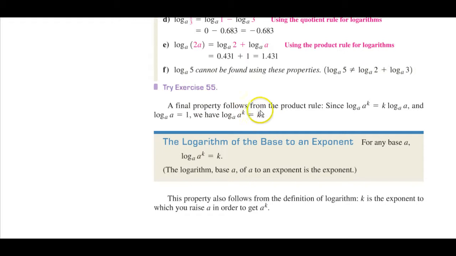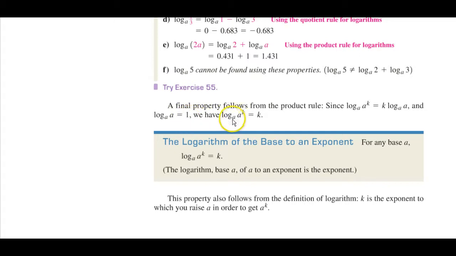Okay, a final property follows from the product rule. Since the log base A of A to the k power is equal to k, we put the k out in front, k times log base A of A, and we just use what we had above, log base A of A is equal to 1.